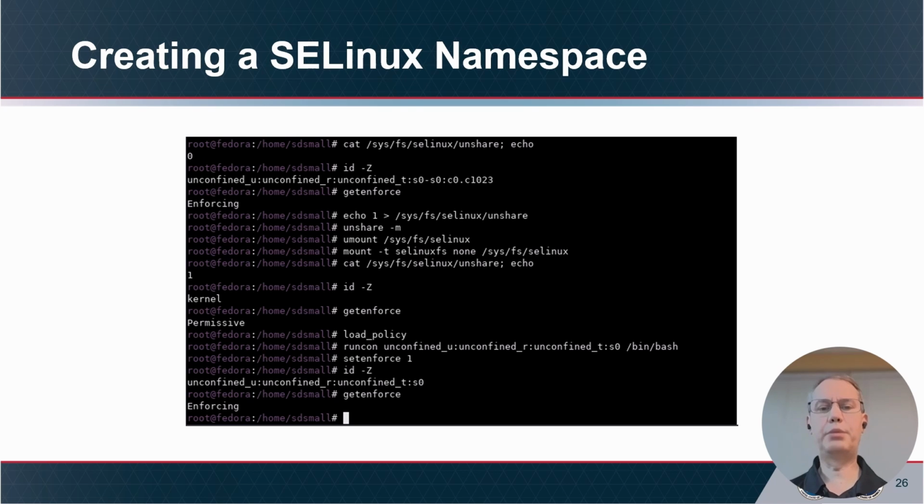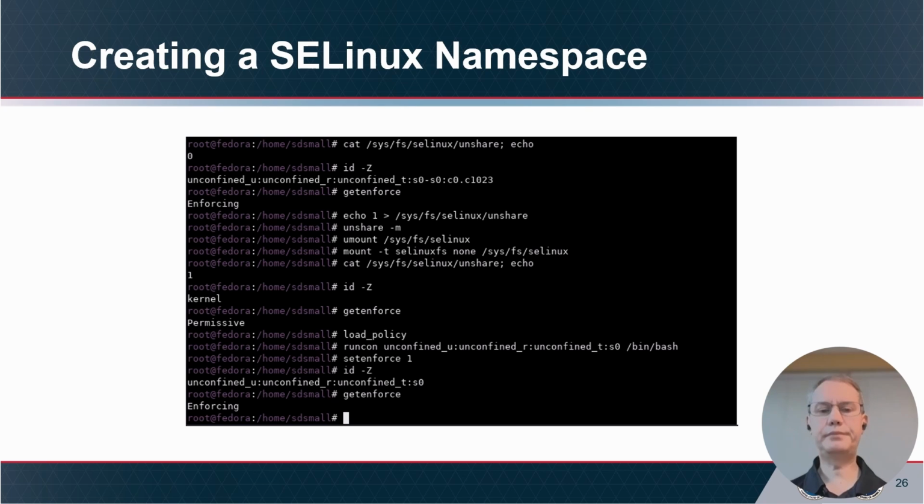Then it shows that we're operating with an unconfined SELinux context, and we're currently in enforcing mode in the initial namespace. It then echoes a 1 to the unshare node in order to request unsharing of the SELinux namespace, followed by unsharing the mount namespace so that we can unmount the old SELinux FS instance and mount a new one specific to our child namespace.